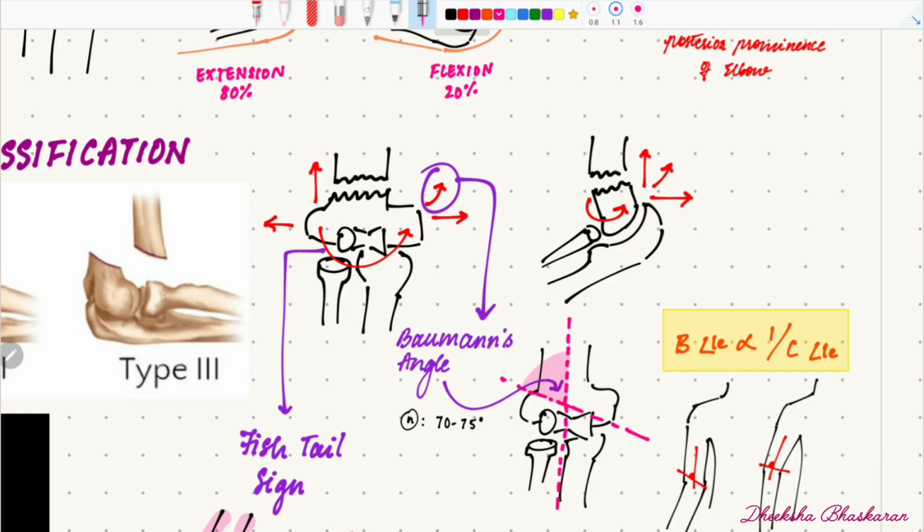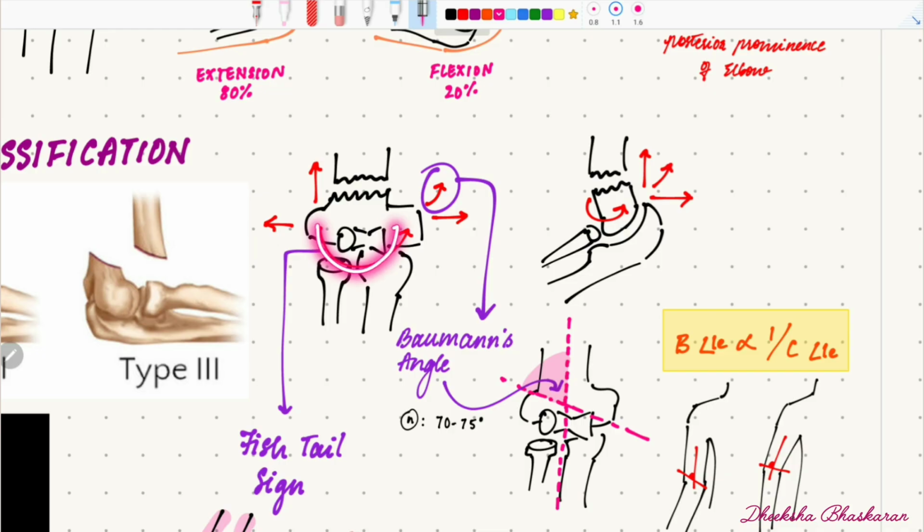Now there's a fracture and there are multiple fragments, and where all can these fragments get displaced? If it goes proximally, there can be a proximal shift; if it goes laterally, there can be a lateral shift, or a medial shift if it goes medially, or there can be a medial tilt where the fragment just tilts but does not move.